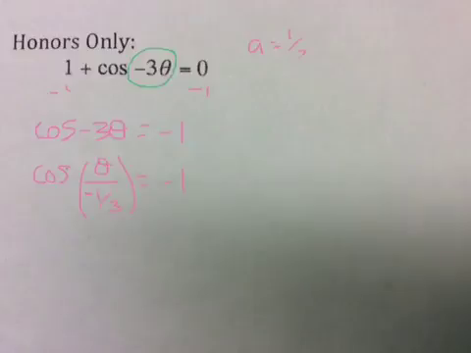We only care about the absolute value of A, by the way. Okay, so A is 1/3. My period is 2 pi times A. So in this case, 2 pi times 1/3, which is 2 pi over 3.